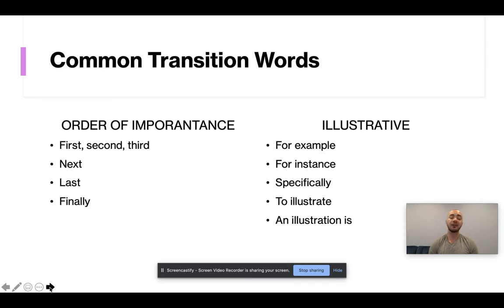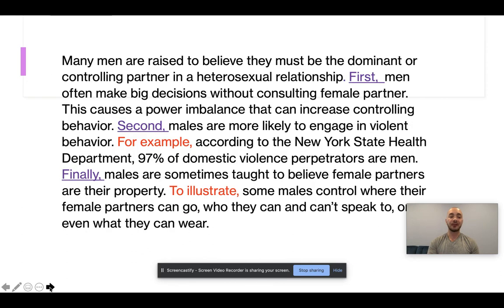They're usually words like first, second, third, next, last, finally. And then we're also going to use illustrative words, and our illustrative words generally introduce our minor supporting details. So for example, for instance, specifically, to illustrate, an illustration is, these are all other ways of saying for example. So let's put it all together.